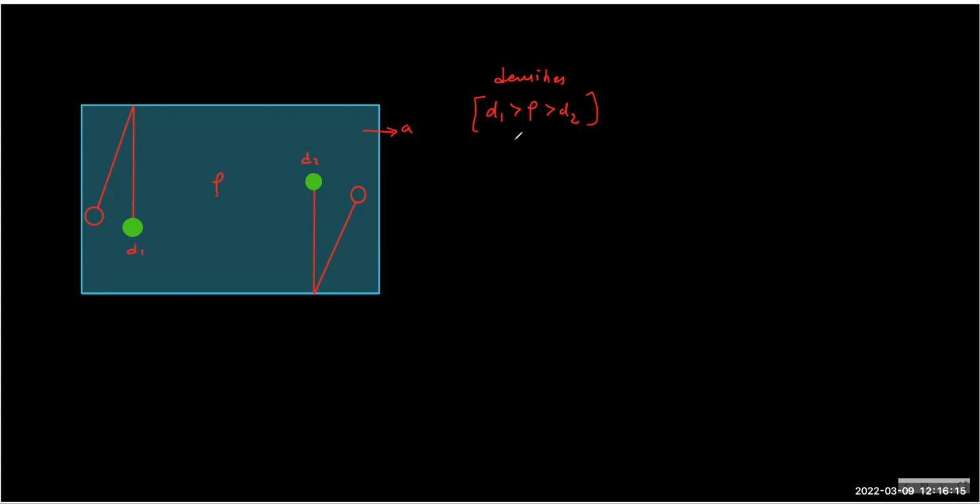So this will be the situation: the green will go left. We can prove it easily. White will go like this, and in both cases the theta will be a by g.